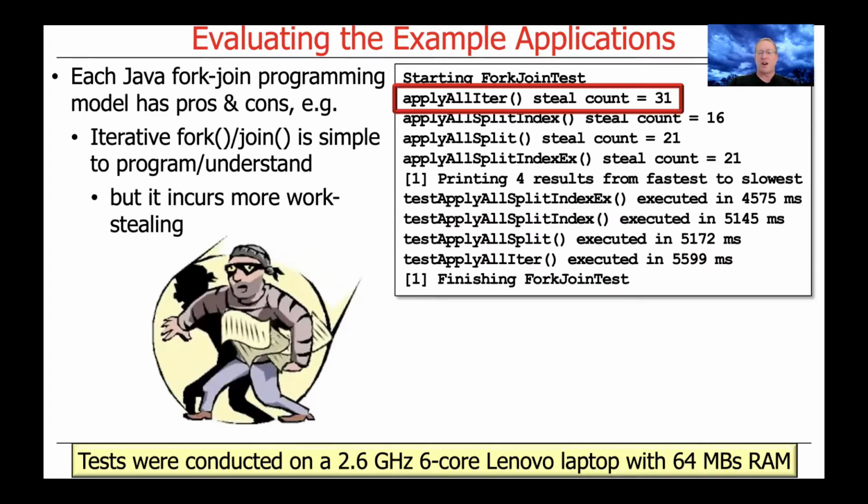As you can see here, we print the results out from fastest to slowest, and perhaps not surprisingly, the apply all iter test executes slowest because it's got more stealing going on. These tests were run on an earlier implementation of my laptop, which has 6 cores.